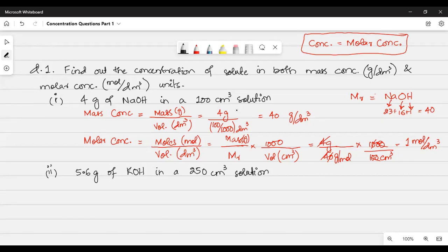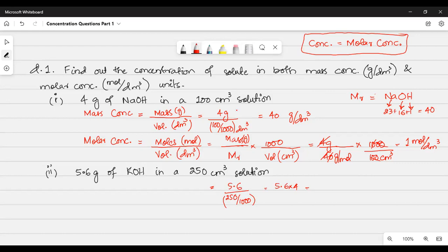And if you have done it like this, you took 5.6 and then you took 250 divided by 1000, or maybe 5.6 multiplied by 4 at the end. If you convert it, it becomes 4.